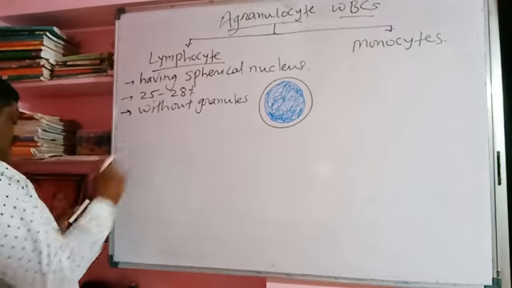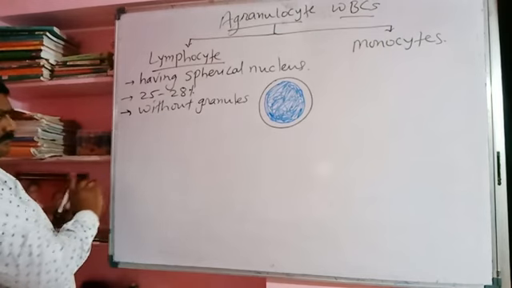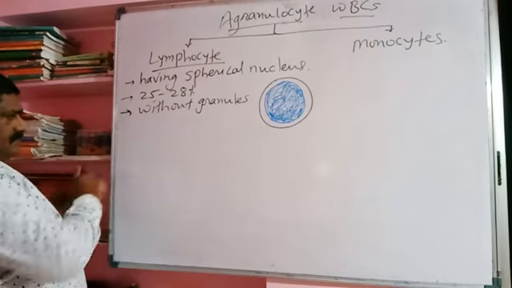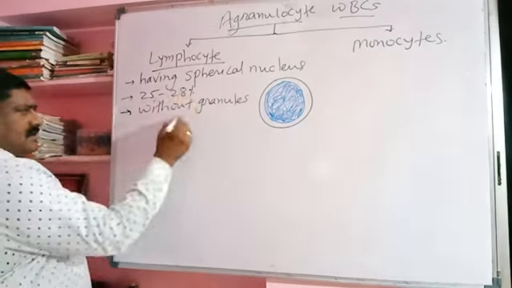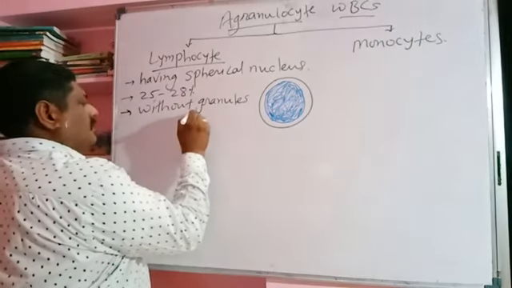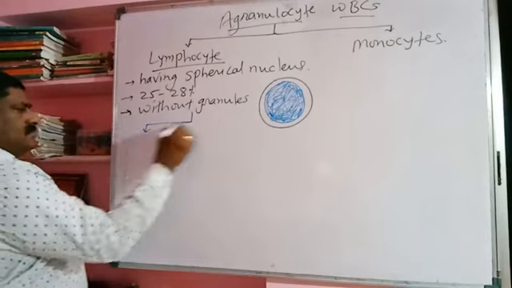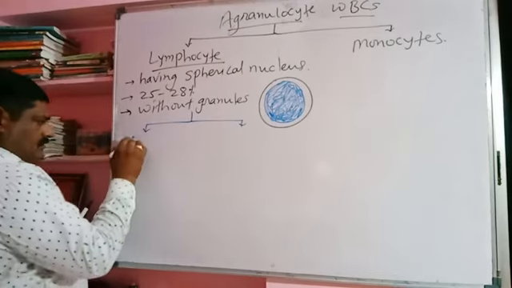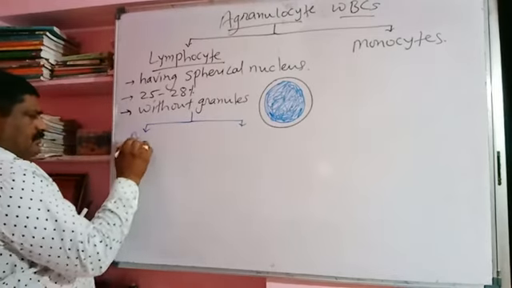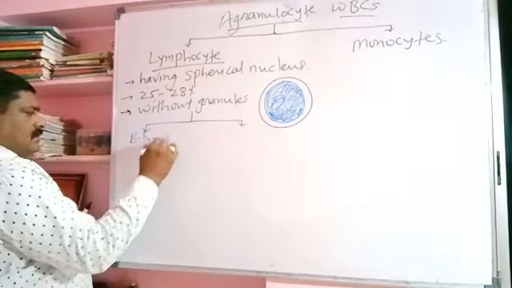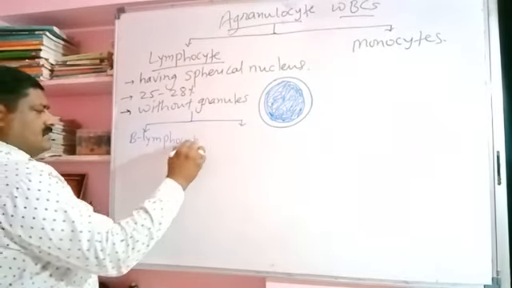On the basis of function and differentiation, the lymphocytes are of two types: B lymphocytes and T lymphocytes.